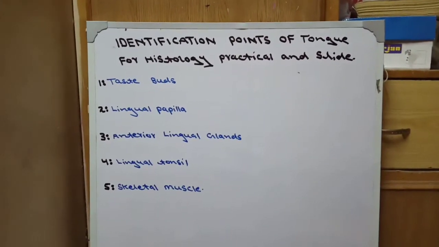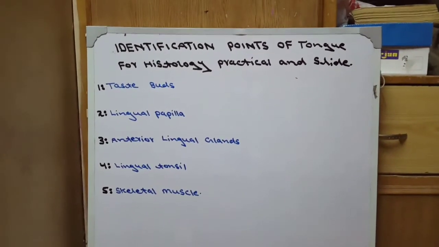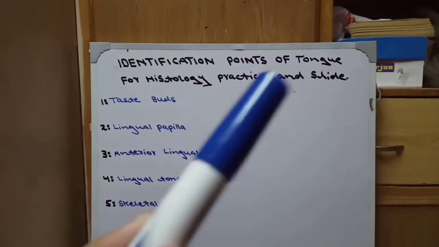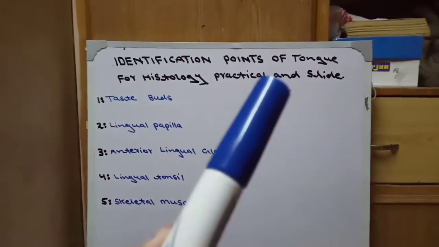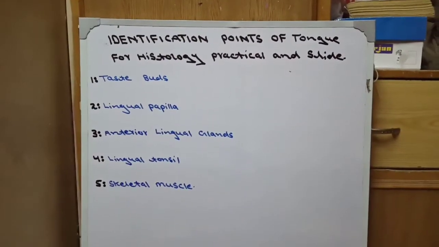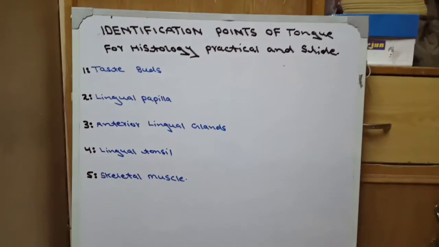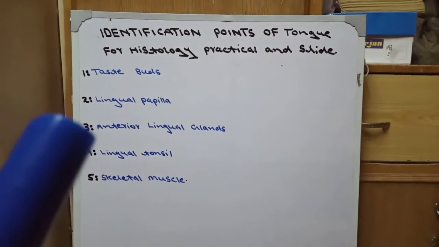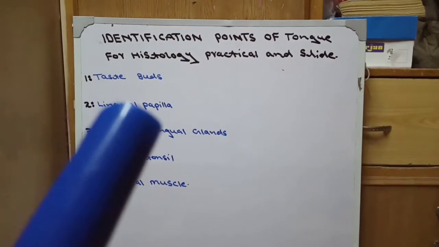Today our topic is related to histology: identification points of the tongue for histology practical and slide. There are 5 identification points of the tongue. Number 1, there will be taste buds. Number 2, lingual papillae.